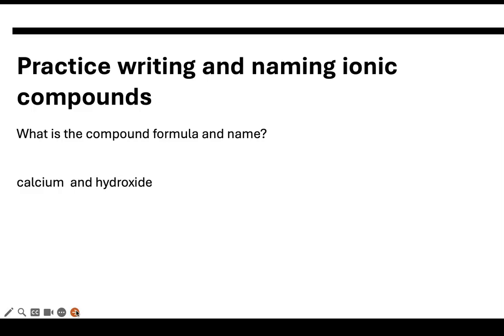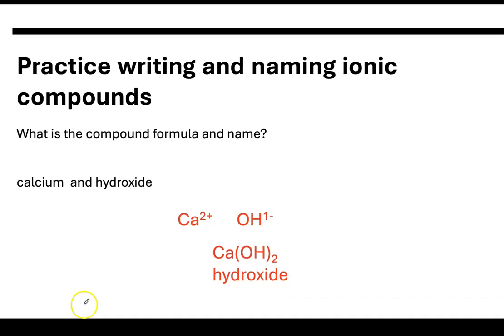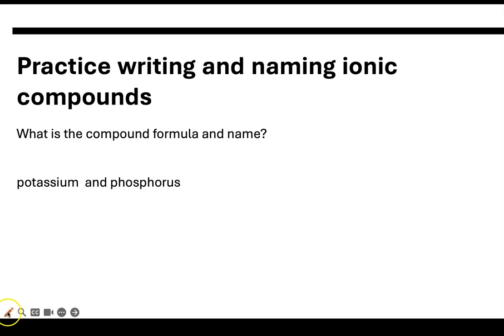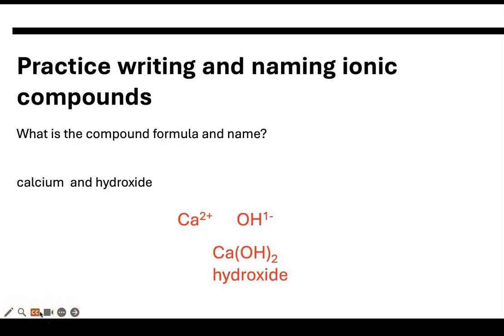All right, here's another one. Now, if you're looking for hydroxide on your periodic table, you're not going to find it. Hydroxide is a polyatomic ion, so check your polyatomic ion chart. So did you come up with this? And hopefully you came up with, oh, where's calcium? Oh, I left my calcium off, I suppose.